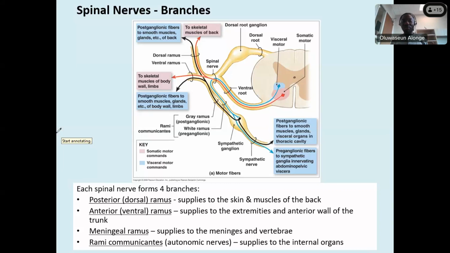But when they form the spinal nerve, now you have the ramus. The ramus does not carry specialized information. They carry both. So the ramus carries mixed information. Now this is the ventral ramus, which means anterior ramus, and you can see this information now is the motor information going to the skeletal muscles.